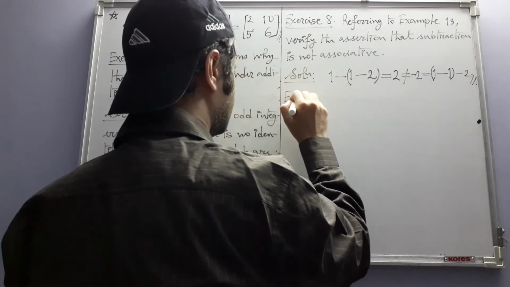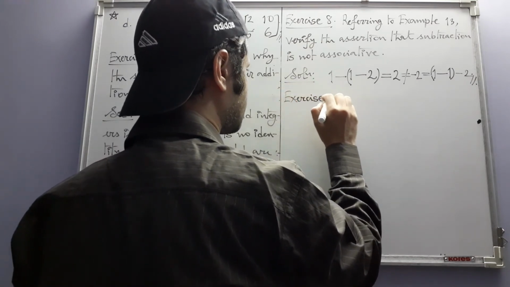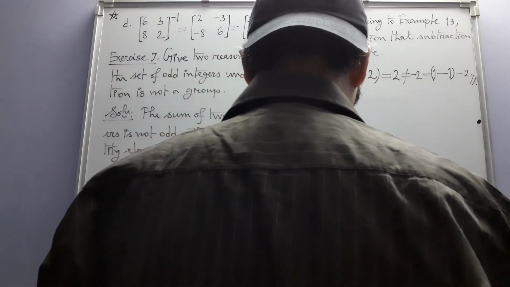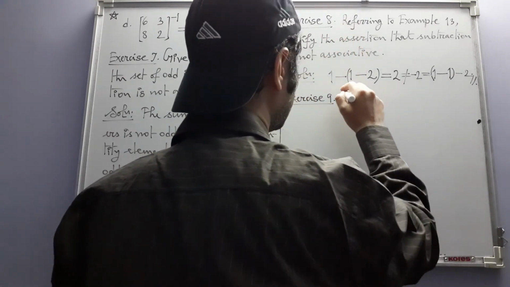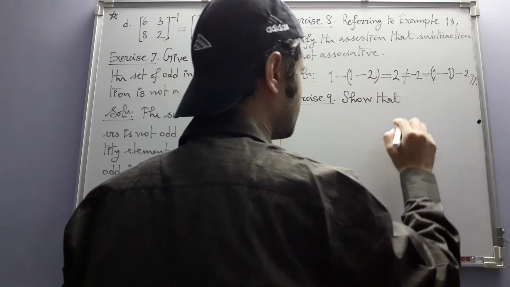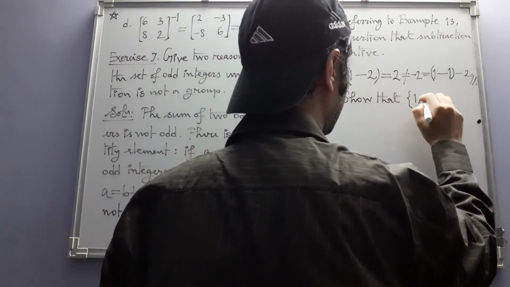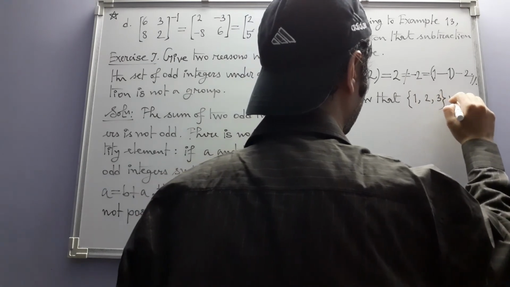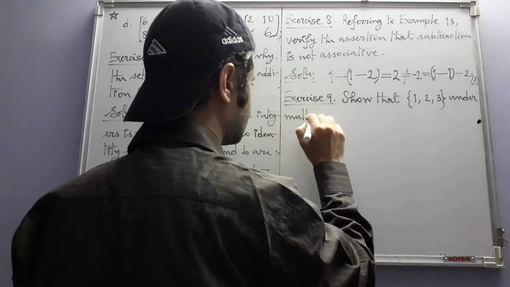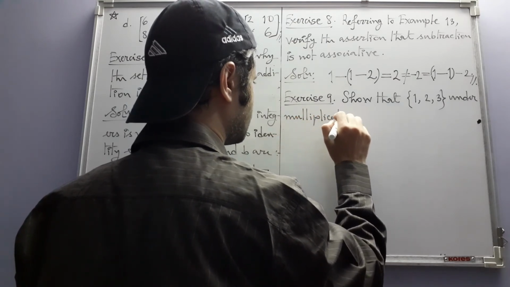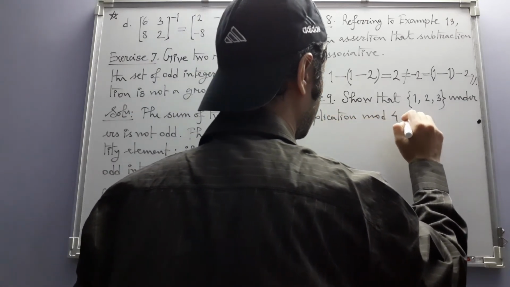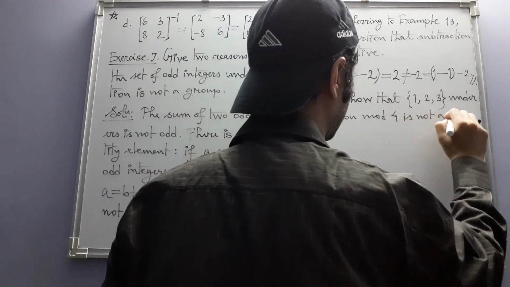Exercise 9. Show that 1, 2, 3 is not a group. This set under multiplication mod 4 is not a group.